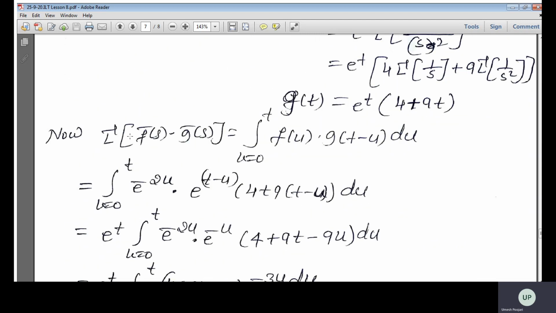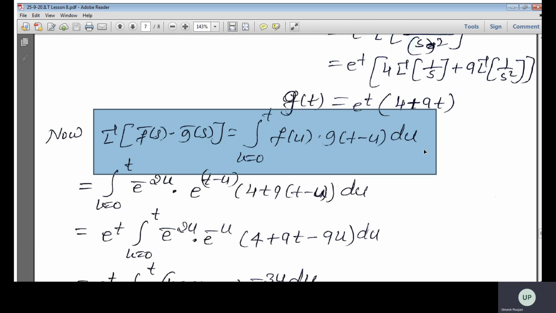One thing you remember, while applying this convolution theorem, you are not integrating with respect to t. T acts as constant here. You are going to integrate with respect to u. U is variable, and integration limit is not from 0 to infinity, because the main definition of Laplace transform is integration from 0 to infinity. Don't think like that.